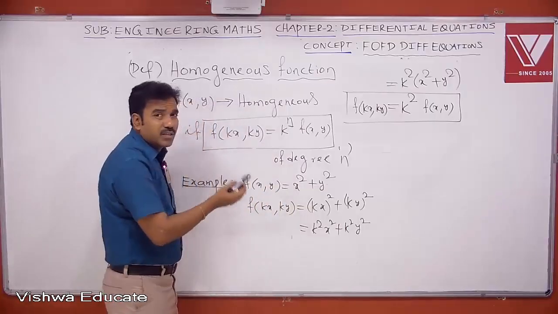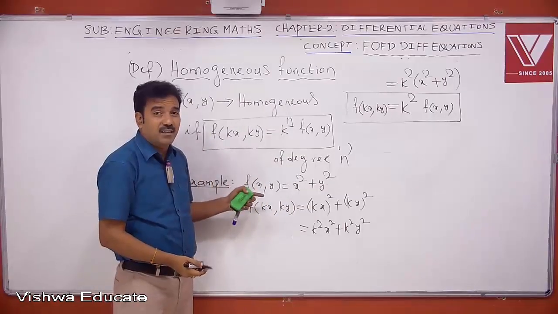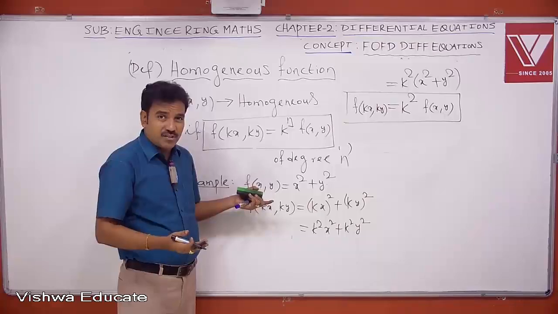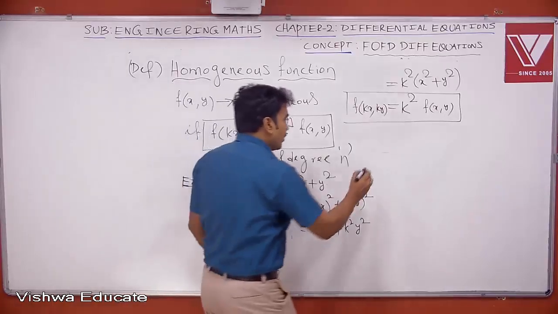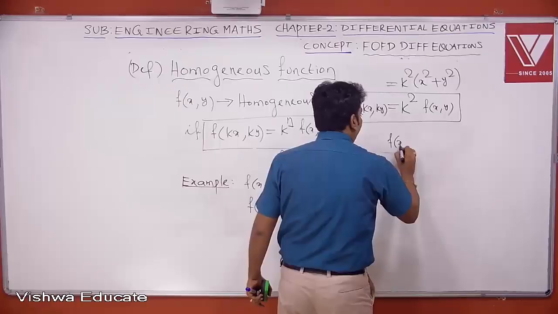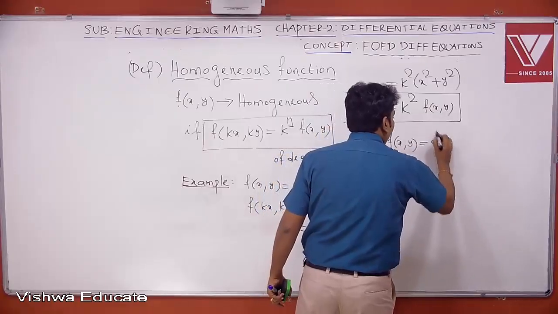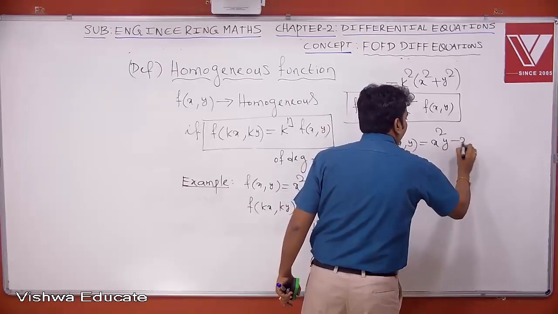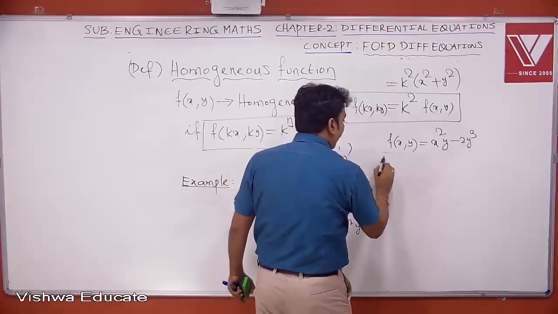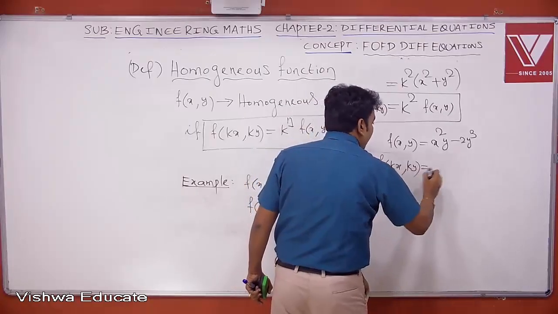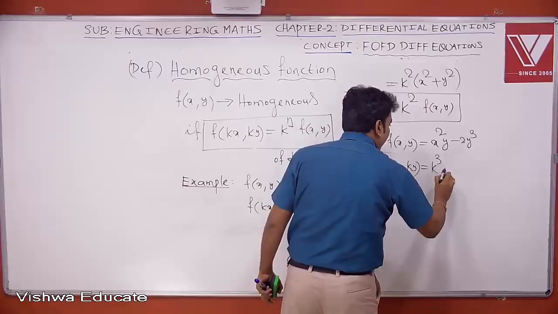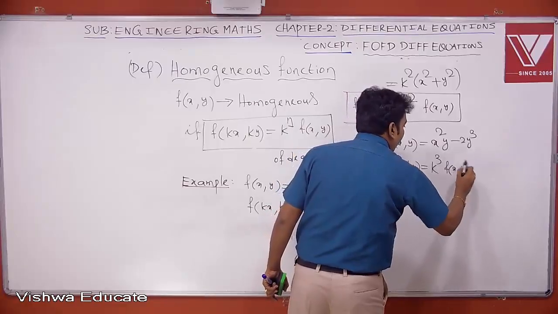But to get a homogeneous function of degree 2 or 3, it is not necessary that the powers of x and y are the same. Let me tell you one more example. Suppose f of x comma y equals, for example, x square y minus 2y cube. Now when you replace x by kx, y by ky, you can verify the result is k cube into f of x comma y.